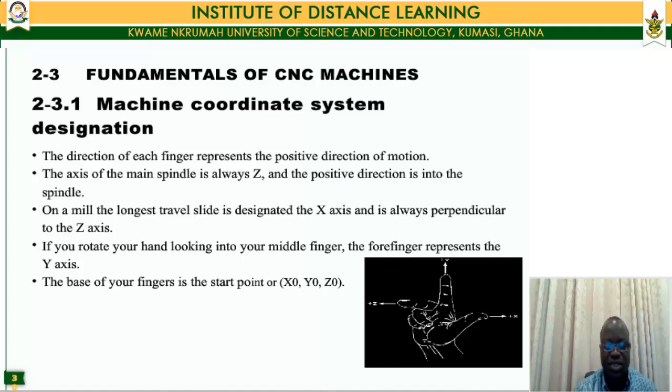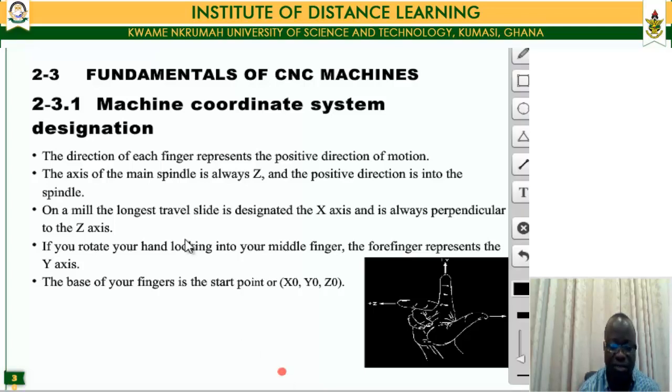We will come to the CNC mill designation. I just want to use this slide to explain the CNC lathe, where the z-axis shows the direction of the spindle axis. The x, the one pointing towards me, that's my thumb, and of course the y is the vertical axis.